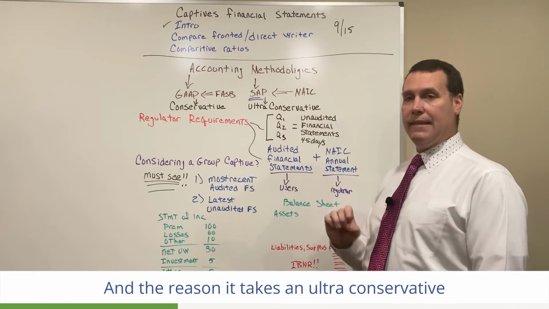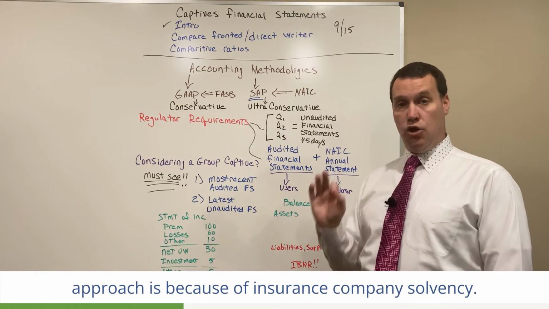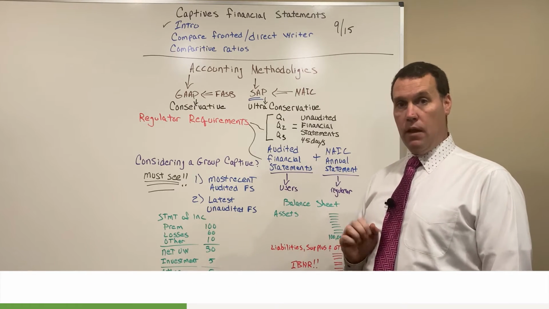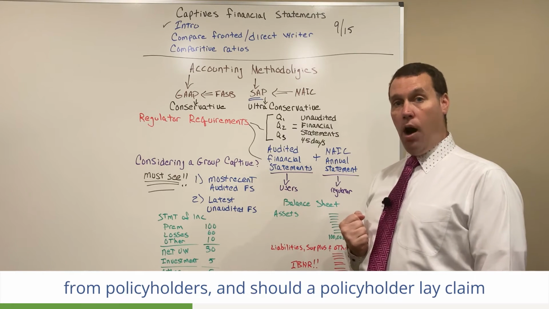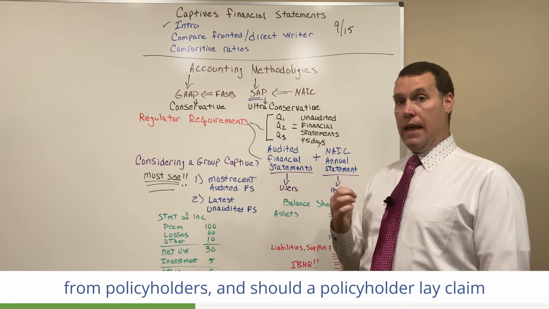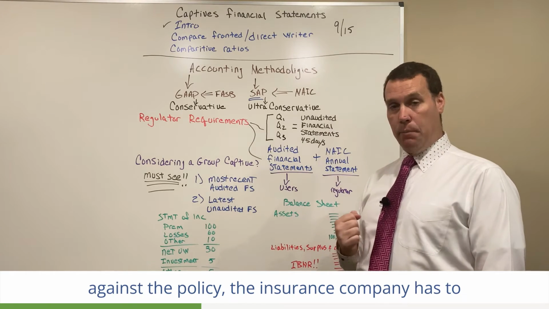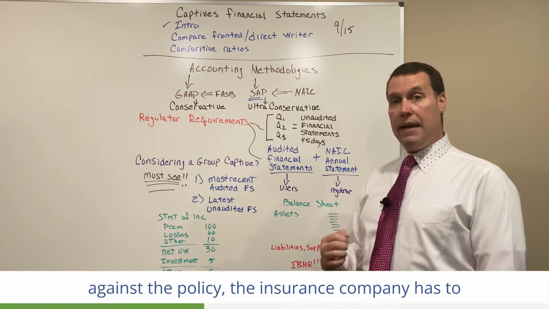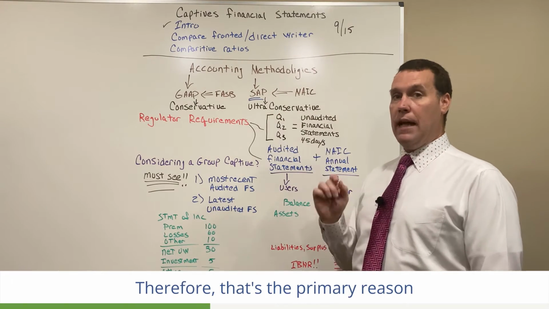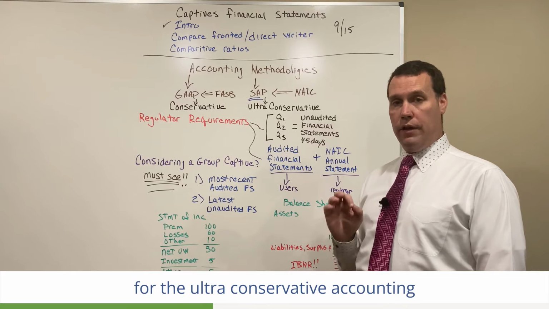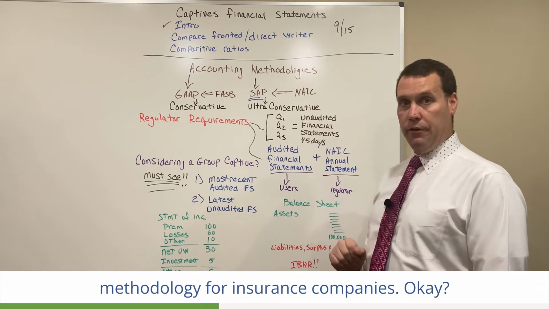And the reason it takes an ultra conservative approach is because of insurance company solvency. With an insurance company, it is receiving revenue from policyholders. And should a policyholder lay claim against the policy, the insurance company has to have the assets to pay for it. Therefore, that's the primary reason for the ultra-conservative accounting methodology for insurance companies.